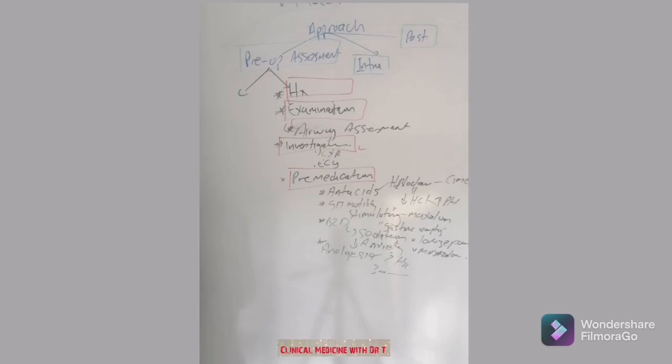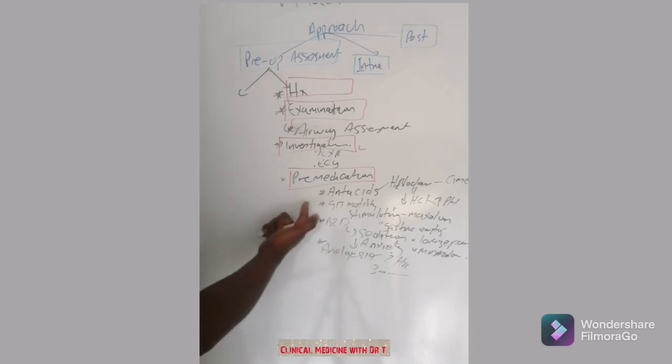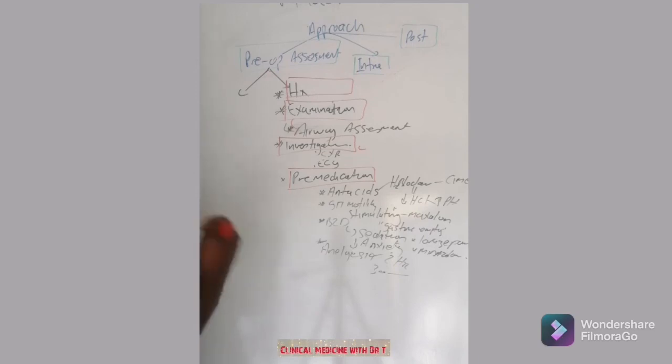There's nothing you're going to do about that, but knowing that they took it will help you anticipate dropping blood pressures. Also, you won't really have a chance to pre-medicate them, depending on how stable they are.